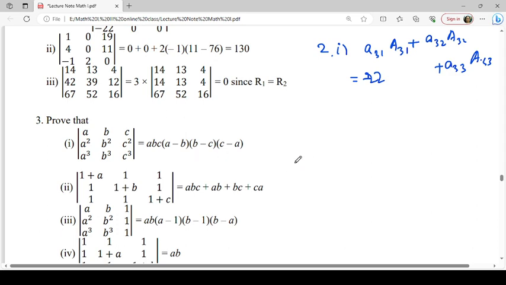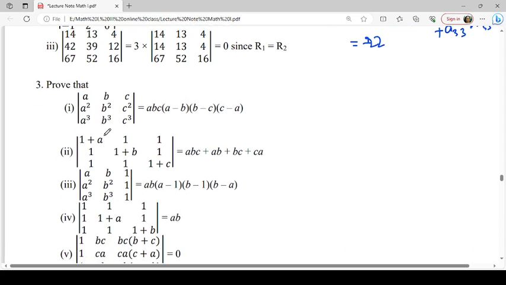Then this one, here we are applying properties. A is taken common, B is taken common, C is taken common.